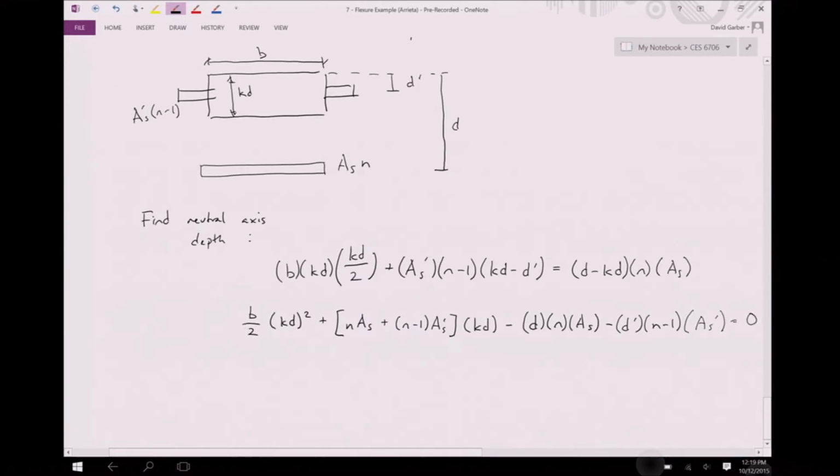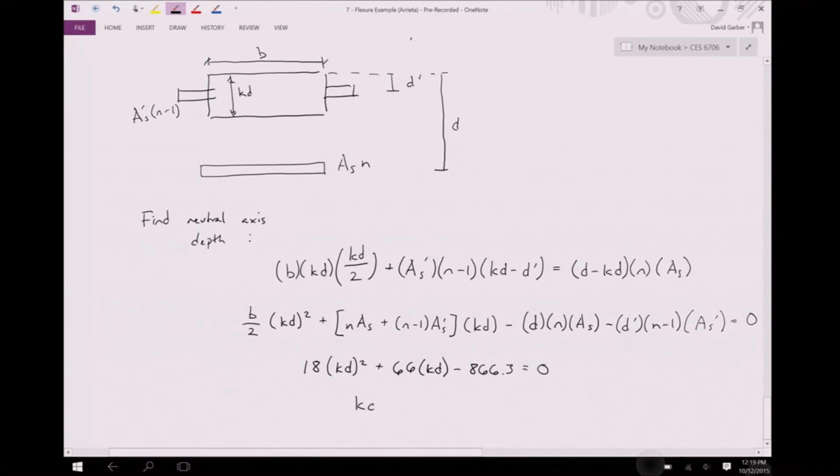So if we plug in our values, we'll get our quadratic of 18 KD squared plus 66 KD minus 866.3 equals 0.